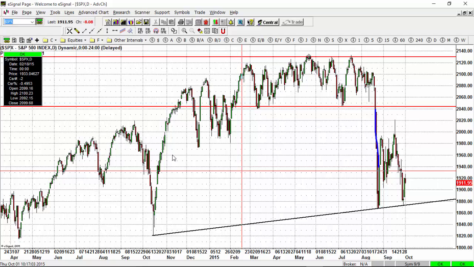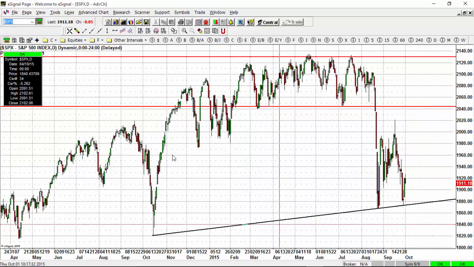The market comes down, comes back up, comes down, and to complete the W, the market will have to come back up and take out this 2020 area. If that does occur, this is what we call a W bottom, and the bulls would definitely have more confidence if a scenario like that plays out in the stock market.